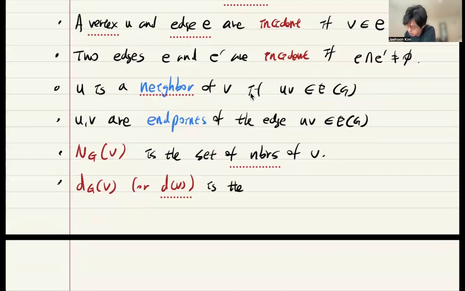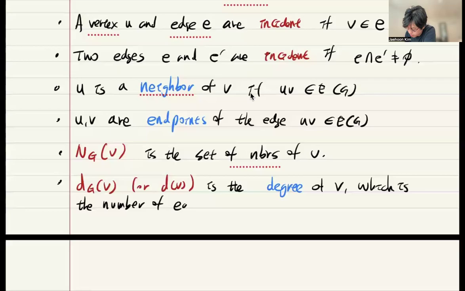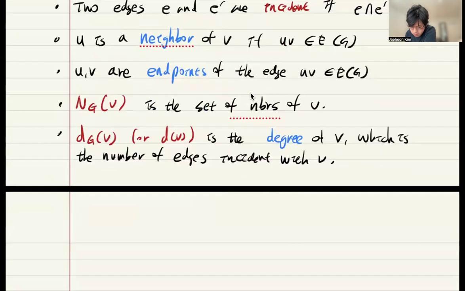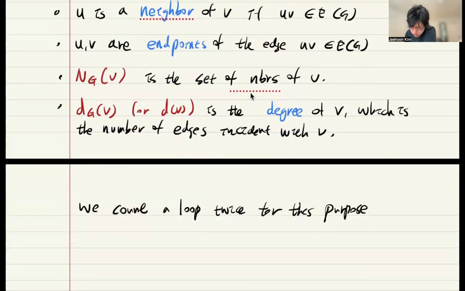This is what we call the degree of V, which is the number of edges incident with V. And we count a loop twice for this purpose.